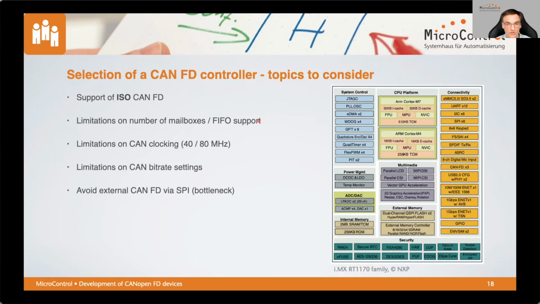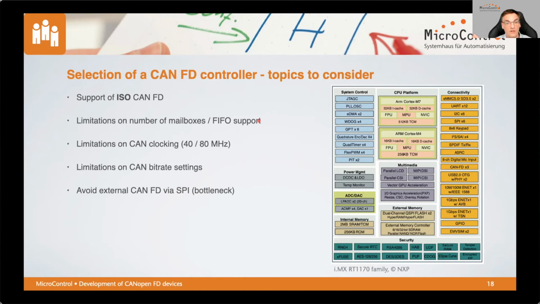We have filtering. There's everything available. Unless you enable ISO CAN FD, then the number of mailboxes is reduced from 64 to 7. And FIFO support is not available any longer. So another point that you should have a look on is whether these are features that you need later on for your applications. And if you need them, you might get into trouble.